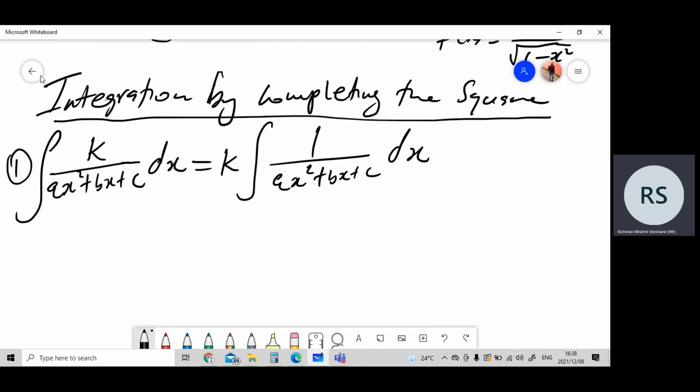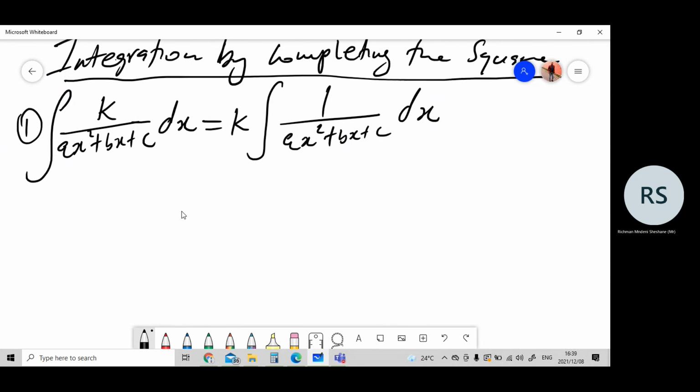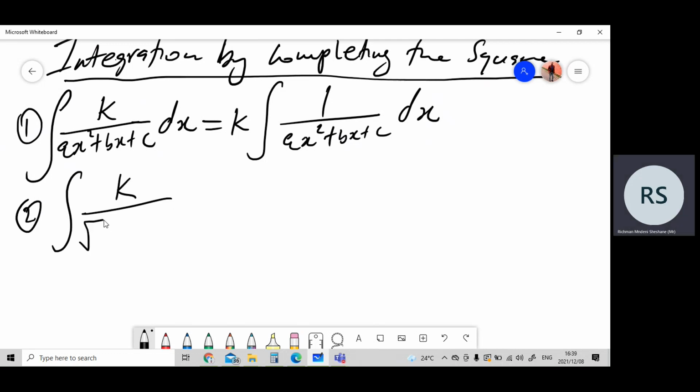Another form that tells you to complete the square is when you have a constant over a square root of a quadratic expression with respect to x.